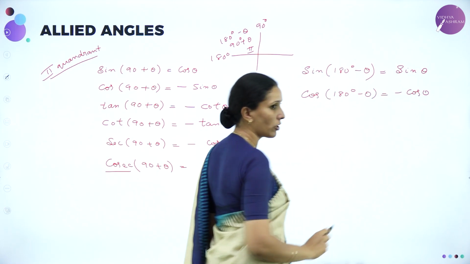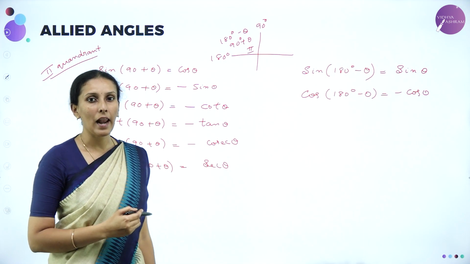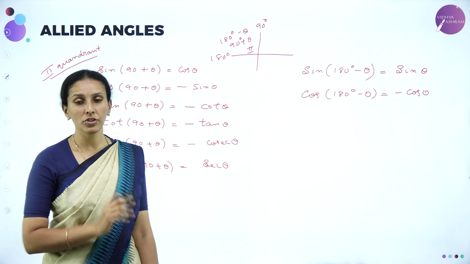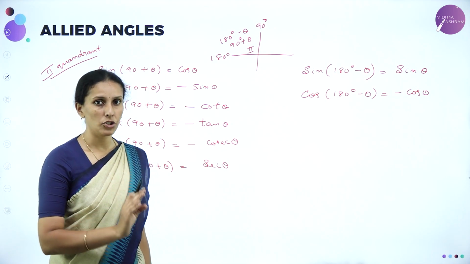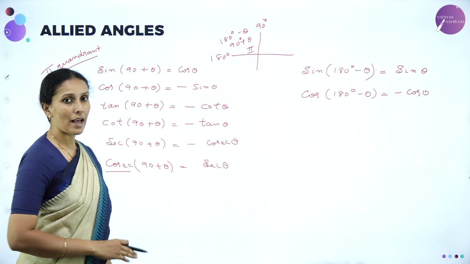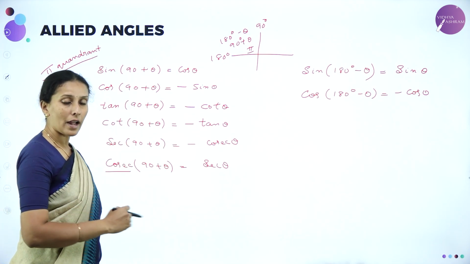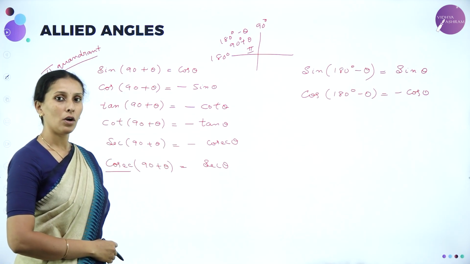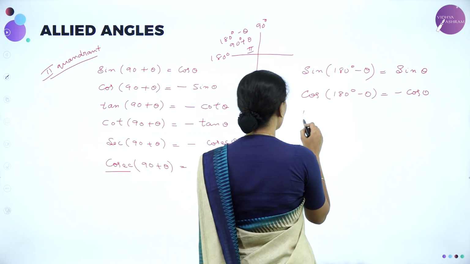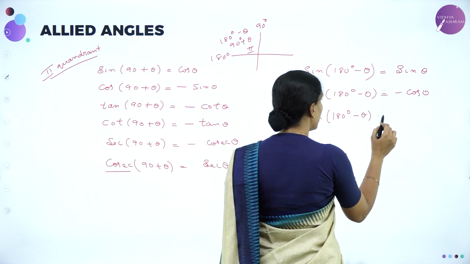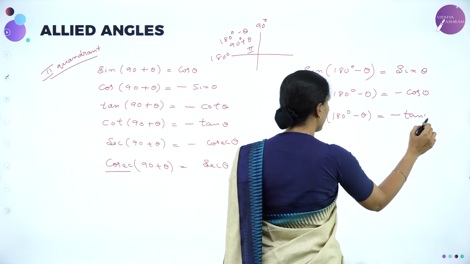Here function will not change. Whenever you are taking allied angles in the form of 180 and 360, function will not change. Only the sign may change. But when you are taking the allied angles of 90 and 270, function also changes, sign also changes depending upon the quadrants. Now again here, tan 180 minus theta is minus tan theta.